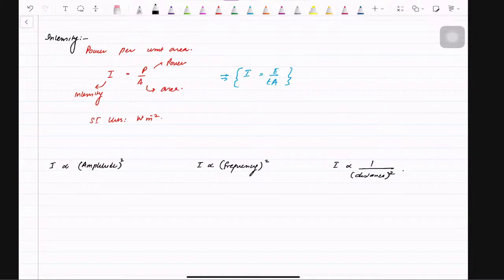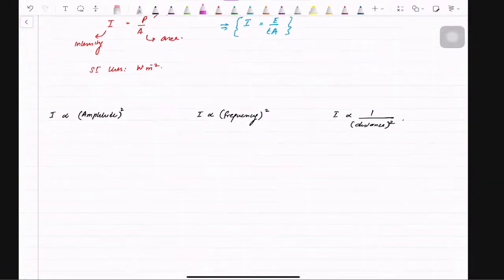Now, so what you need to remember is, suppose that there is a wave like this. Okay, let me make it a bigger one. There is a wave like this that has amplitude of A and intensity I. Okay.